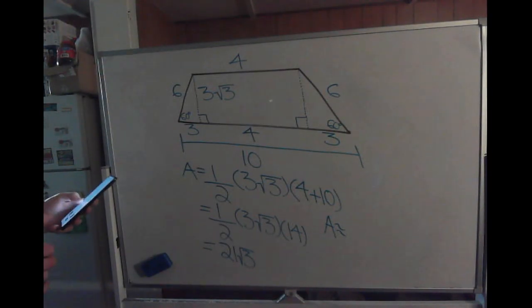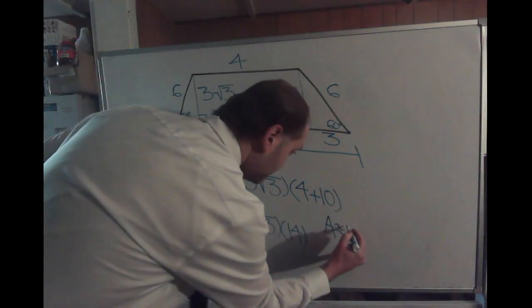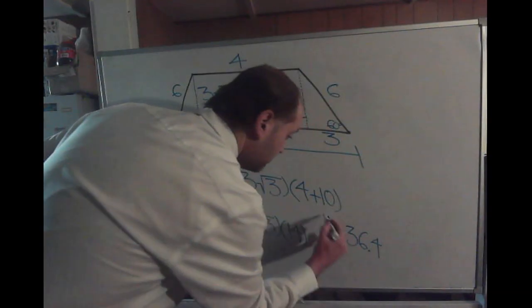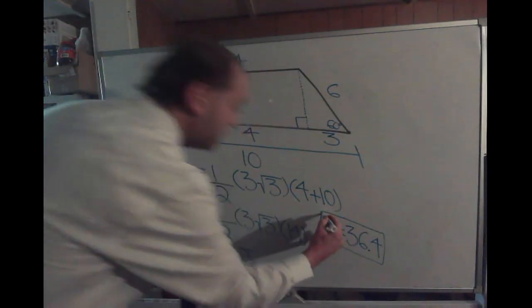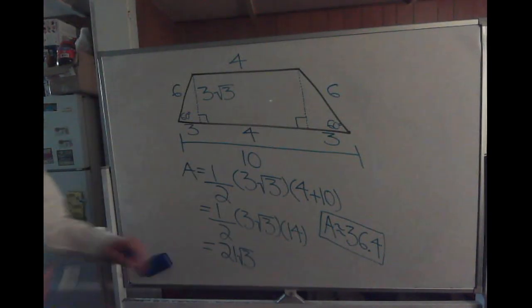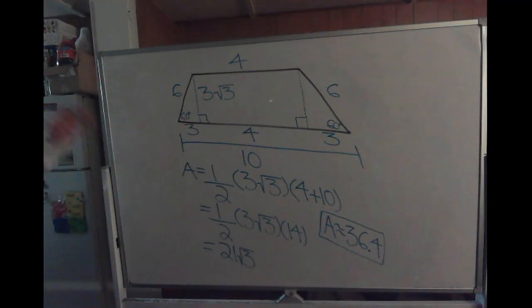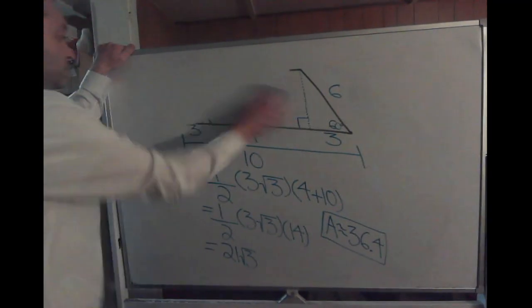Figure out what 21 times the square root of 3 is, approximately to 1 decimal place. It's about 36.4. So the area of this trapezoid would be approximately 36.4 square units and exactly 21 times the square root of 3 square units. So that's that trapezoid.